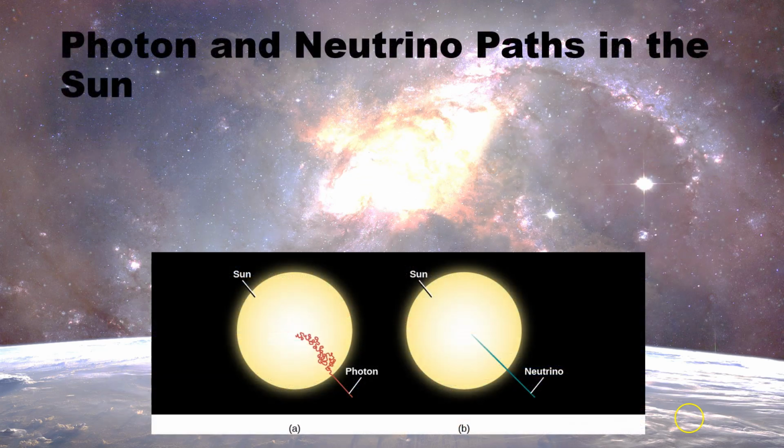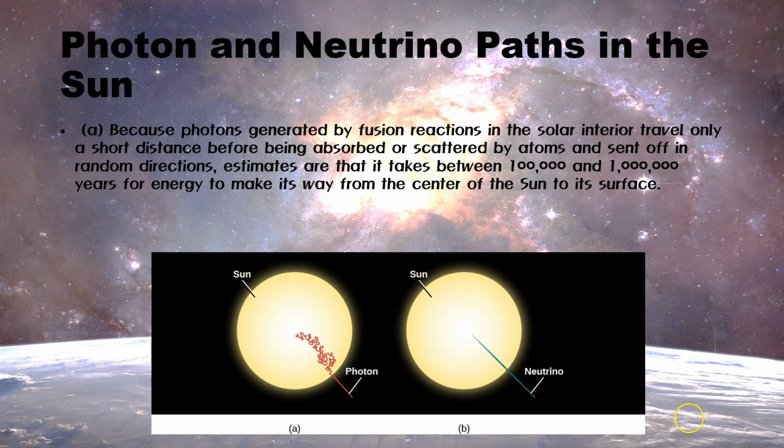And this is important to keep in mind as we look at the photon and neutrino paths within the sun. If we look at these two diagrams, photons that are generated by fusion reactions inside the solar interior only travel a very short distance, and what happens is that they are either absorbed or scattered by atoms and then sent off in random directions, as we mentioned.